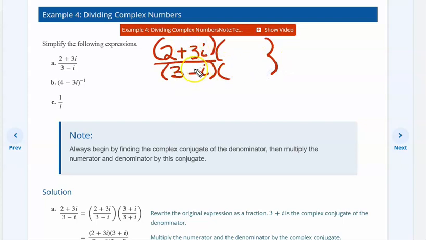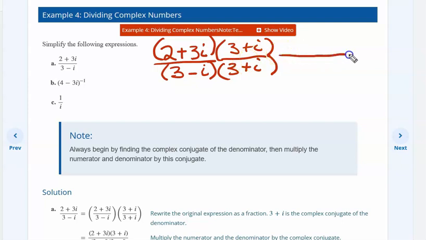Doesn't change the value of the fraction, but our 1 that we're going to multiply it by is going to be the complex conjugate of our denominator. What do you think that is? Well, that's going to be 3 plus i. And the numerator then is 3 plus i. Because now this is a 1.